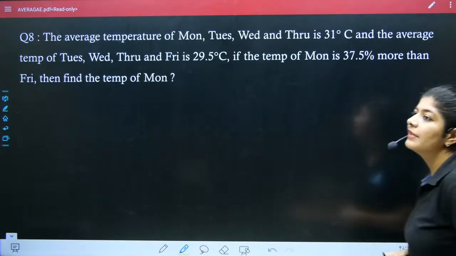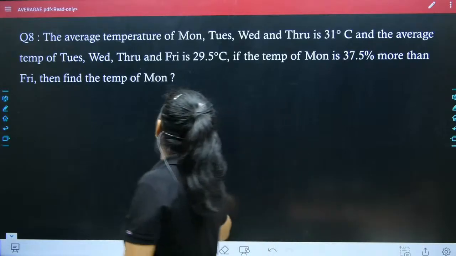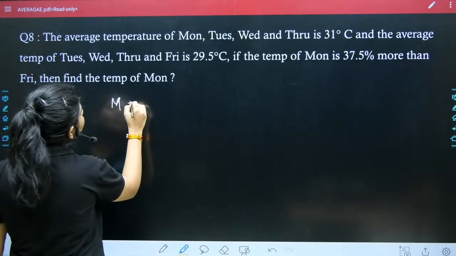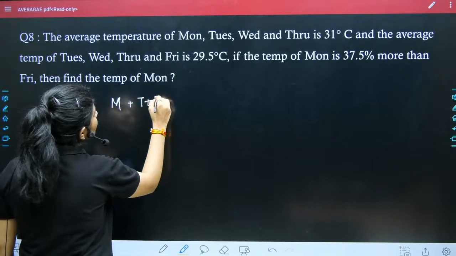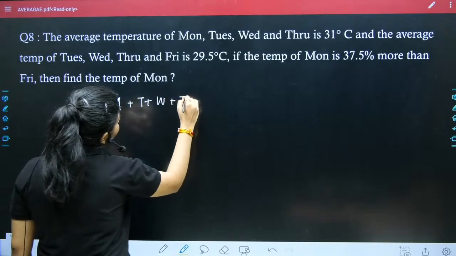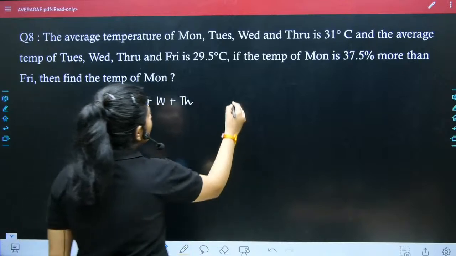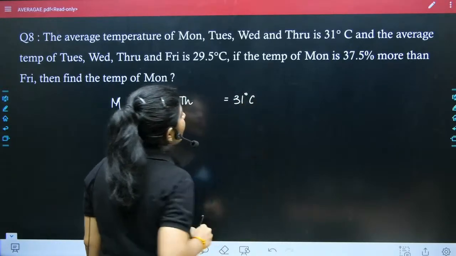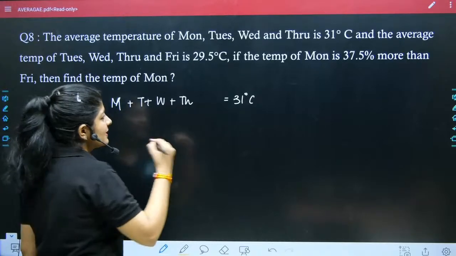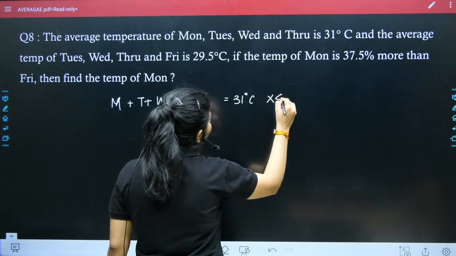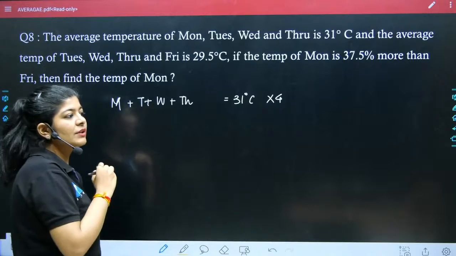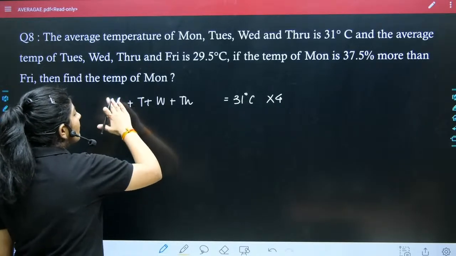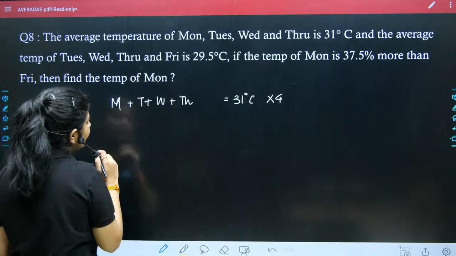It is given that the average temperature of Monday, Tuesday, Wednesday and Thursday is equal to 31 degrees Celsius. If we have to find out the sum, we have to multiply this term by 4. And after this, we have calculated the total temperature recorded on Monday, Tuesday, Wednesday and Thursday.